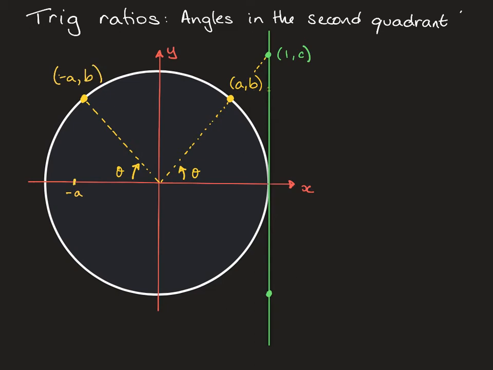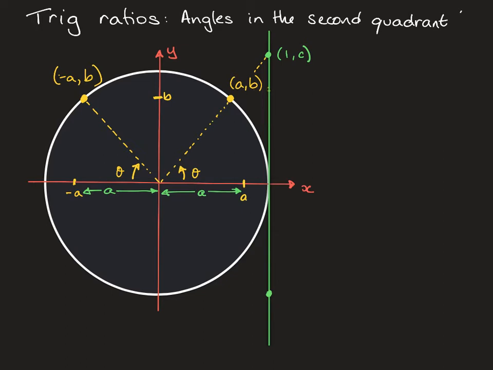So the sine value for both of these angles is the same, and the cos value for both of these angles, this distance here is a distance of a, and this distance here is also a distance of a. And so the actual size of the number that you get is the same, but the sign is different, whether it's positive or negative.